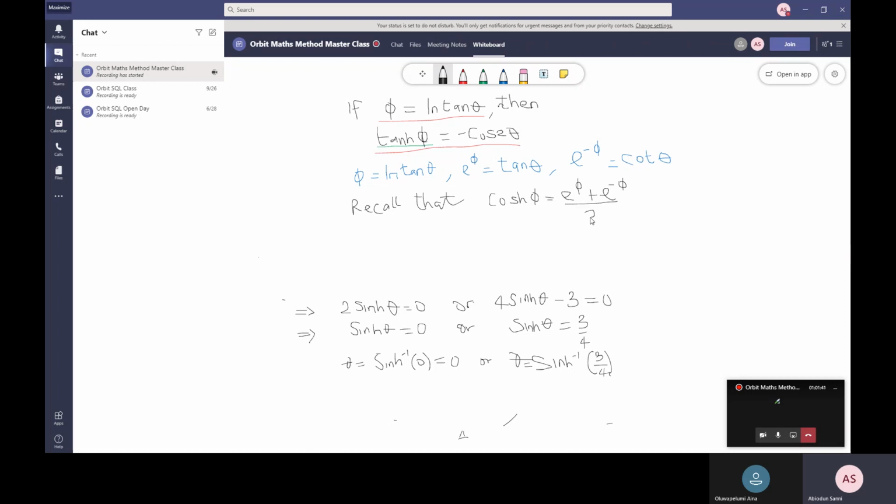Do you agree? And sinh phi is equal to exponential phi minus exponential minus phi, all over 2.